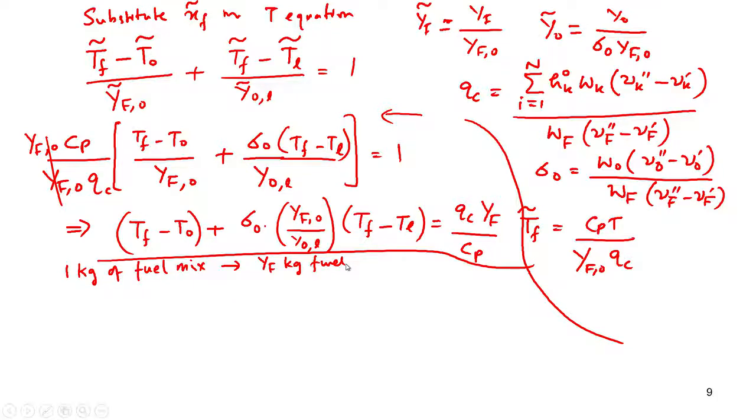So that is where YF comes from. So basically this amount of heat release you can get by burning 1 kg of fuel mixture. So QC times YF is this thing.